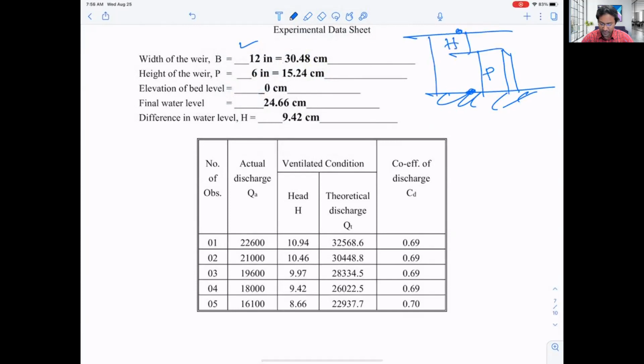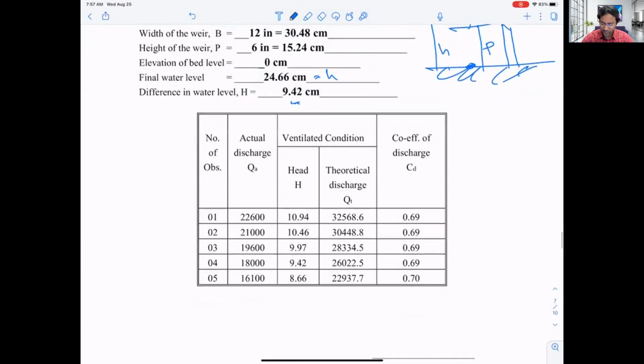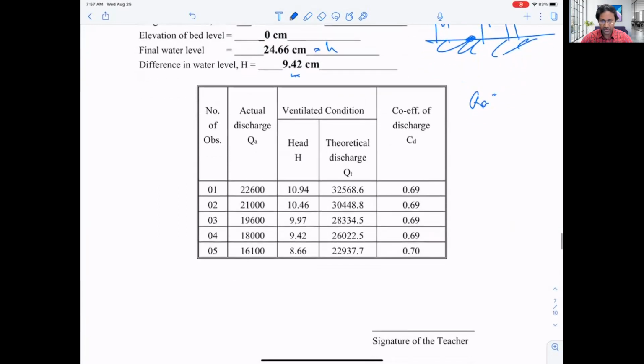So we are measuring that h is this one, so we are getting 9.42. Let me just quickly fill up. See, we are taking this measurement, nothing else, and we already have that QA from our digital flow measuring meter, and we have different groups. We are changing the flow condition. So for this group, it is 9.42, this one.